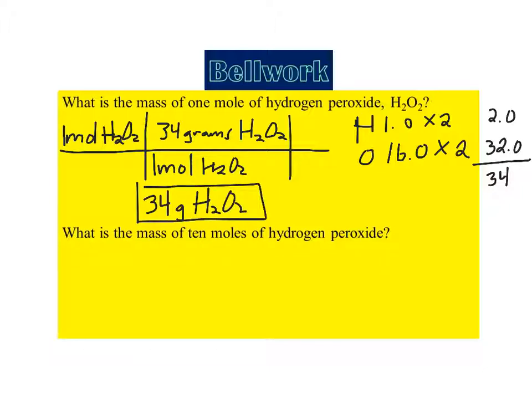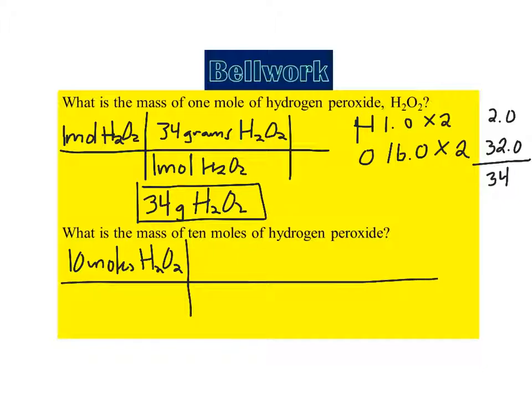For the other one, we already have the molar mass, so I'm going to start out with 10 moles. And then that is also H2O2. We haven't changed compounds. And my conversion factor is the exact same. For every 1 mole of H2O2, I have 34 grams of H2O2.